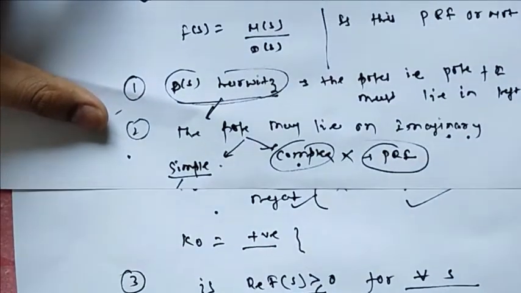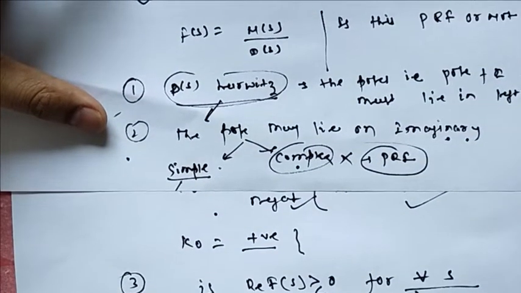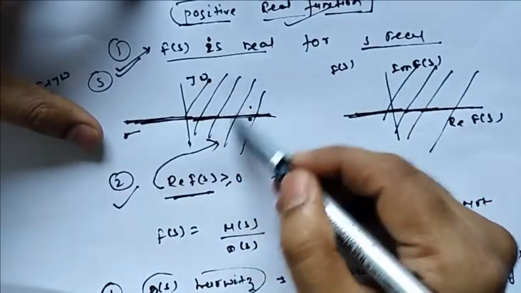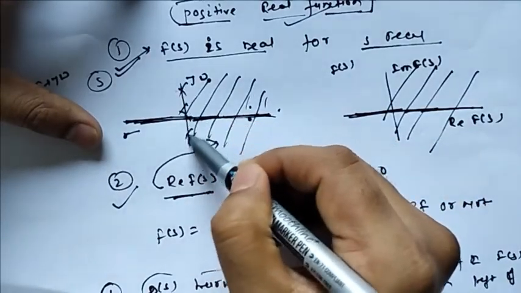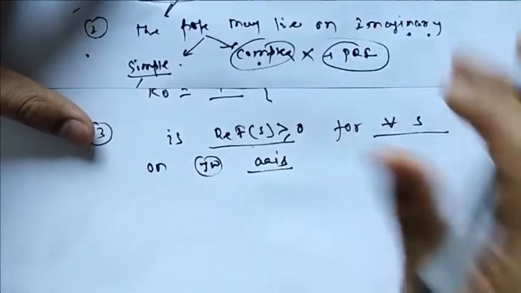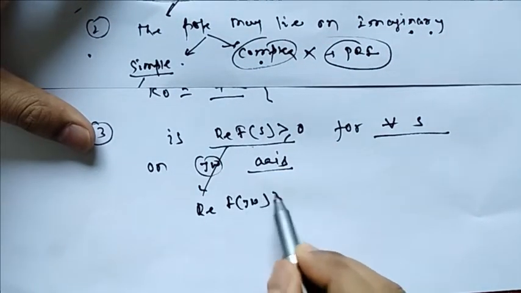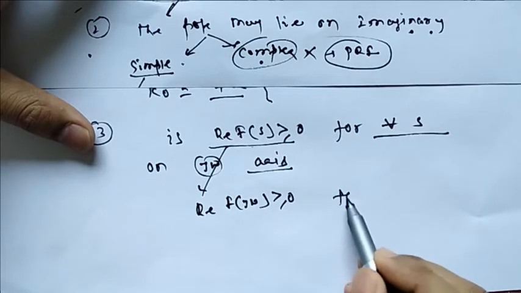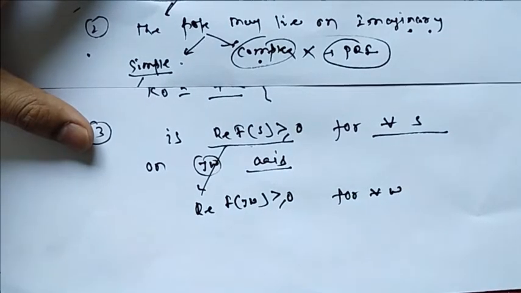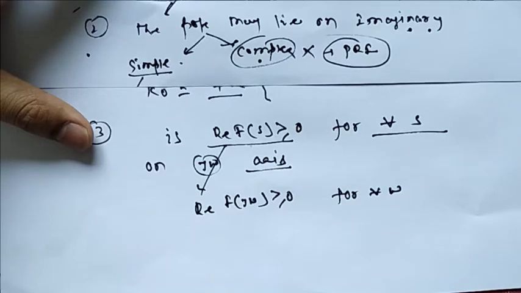Because if the real part of F is greater than or equal to 0 for all s, it means we have to check for all values, but we are checking on the j omega axis, so the real part of F(j omega) must be greater than or equal to 0 for all omega. So this is what we got.